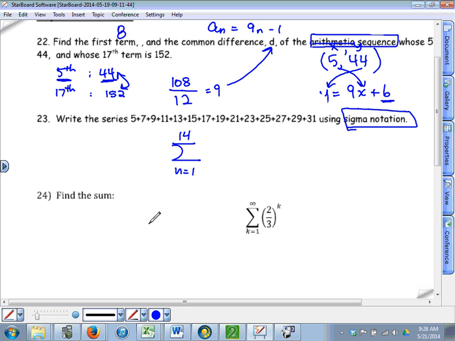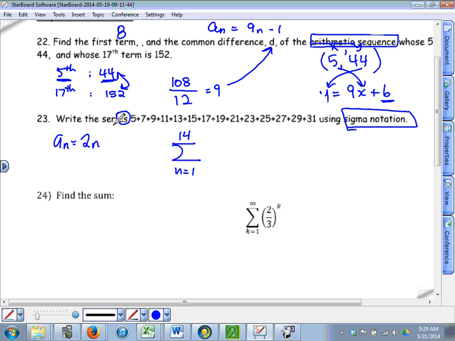Now we need to figure out what the formula is. The formula for this series right here has to go right here. We're adding 2 every time, right? So the formula is going to be a sub n equals 2n, but then what's this little guy right here going to be? The way that I taught this was if this is an arithmetic sequence, meaning there's a common difference you're adding, then this piece right here would be whatever number comes before the first number.